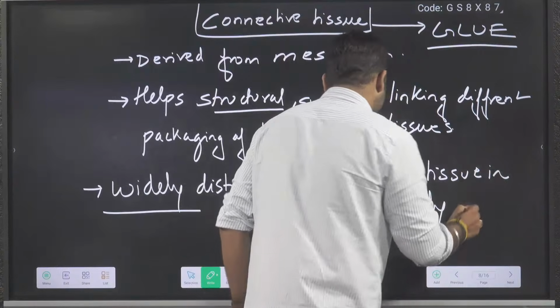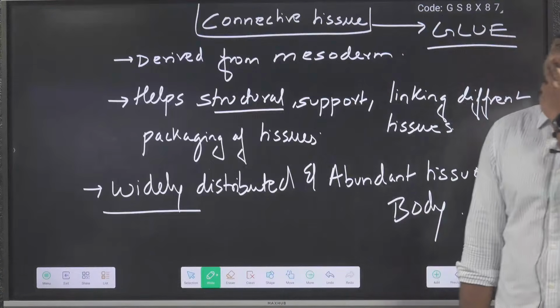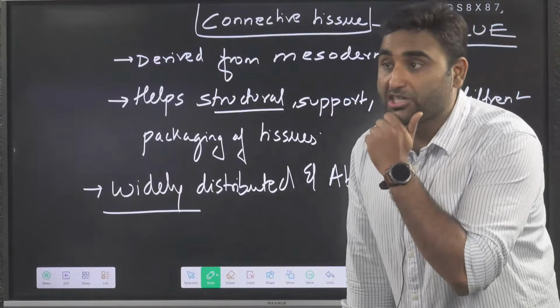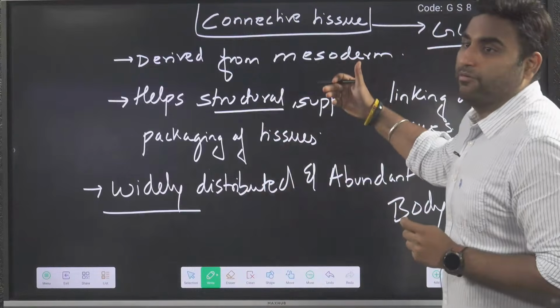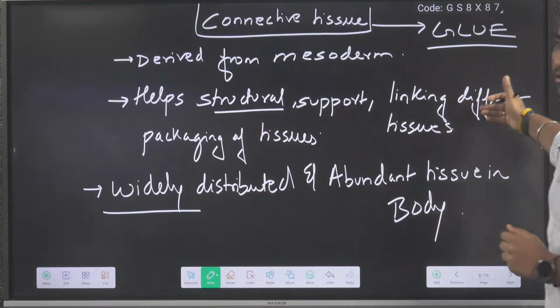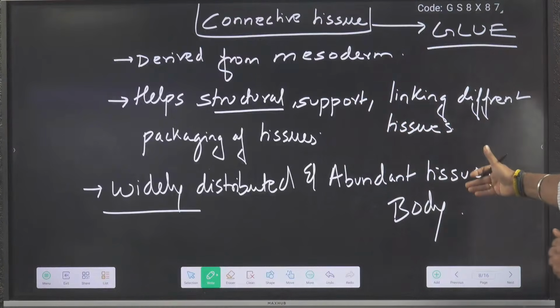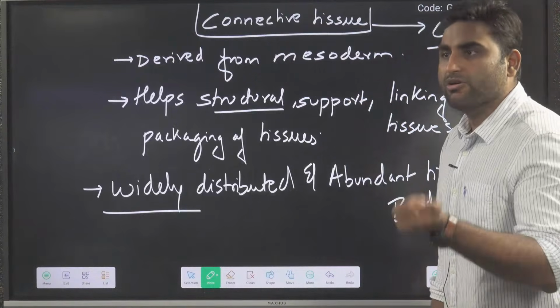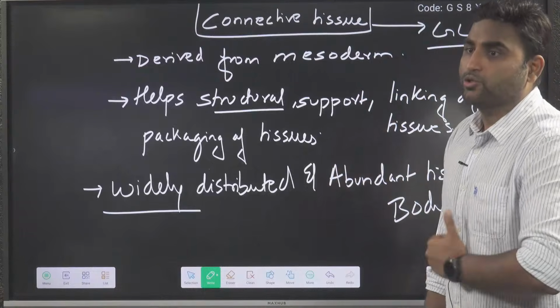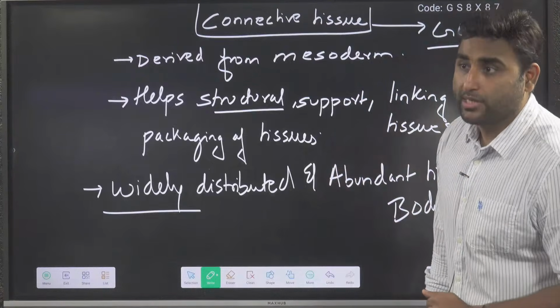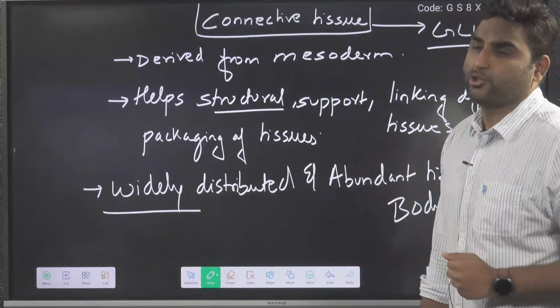So we are talking about the general characteristics here: derived from mesoderm, helps in structural support, linking and packaging of tissues, widely distributed and abundant in the body. A basic question can be asked: which of the following tissues is the most widely distributed and abundant tissue in the body? The answer will be connective tissue.